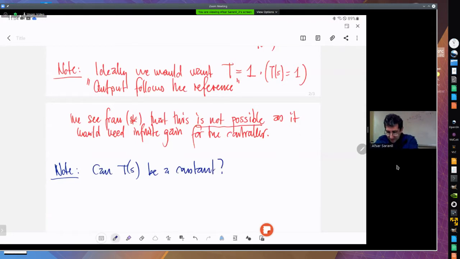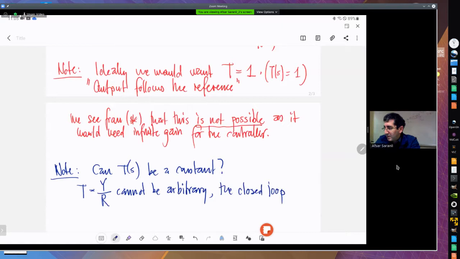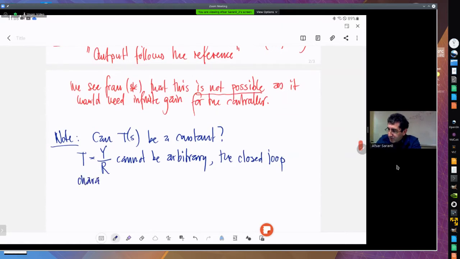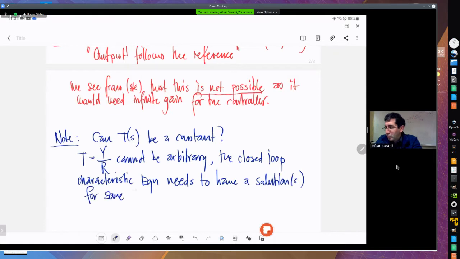Now T, remember, is Y over R. It cannot be arbitrary because the closed loop characteristic equation needs to have a solution or some solutions for some s, because the closed loop system needs to have certain poles, a closed loop behavior.